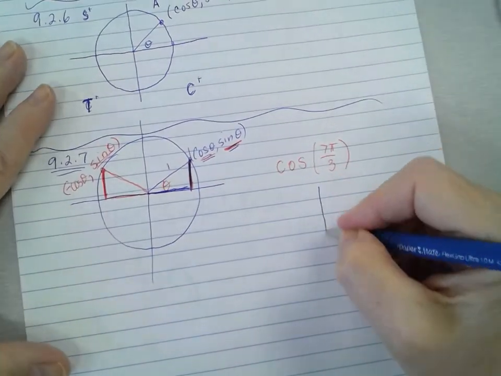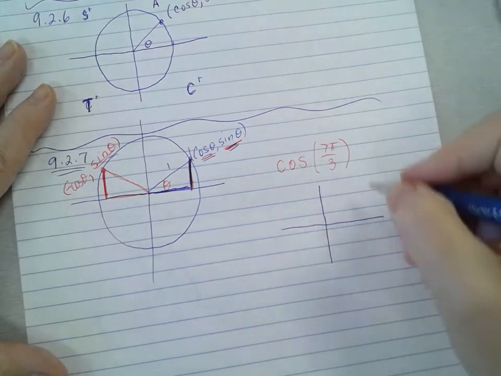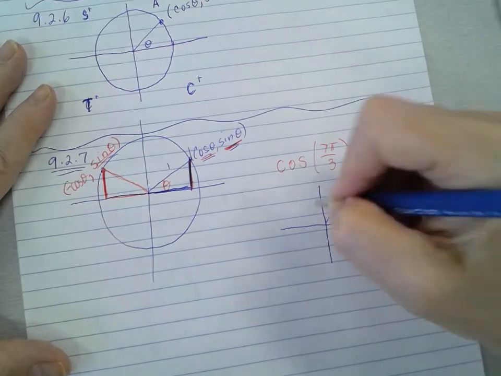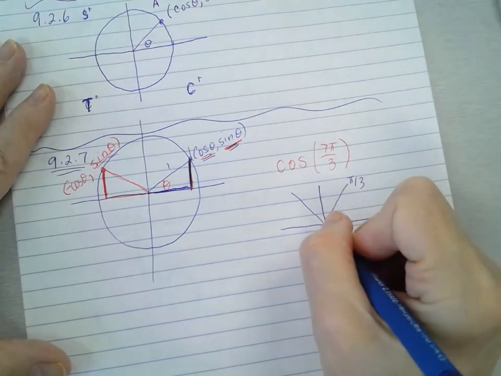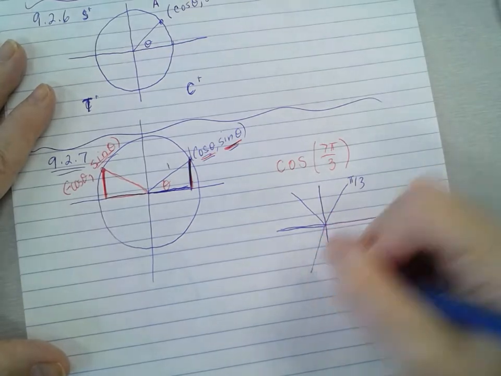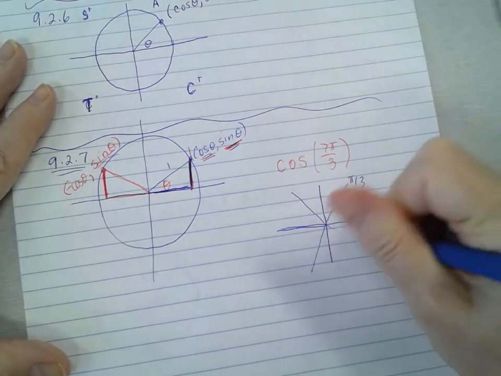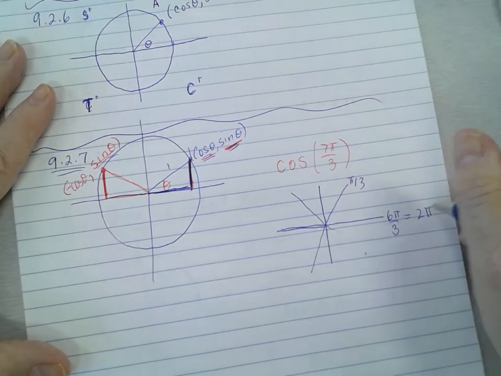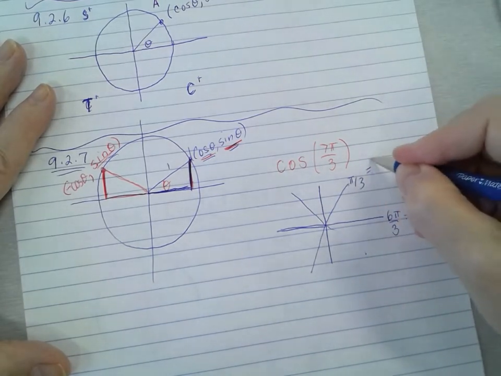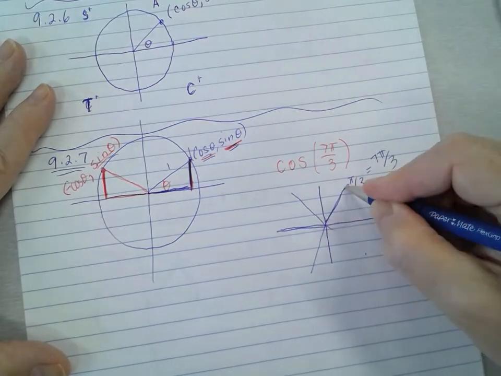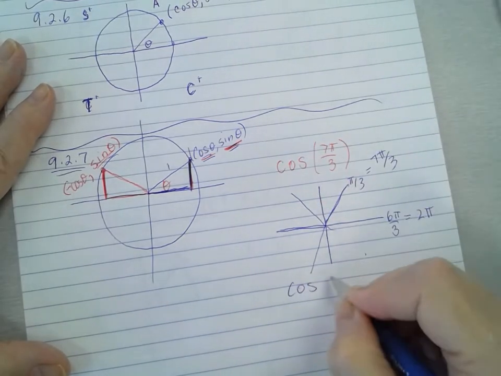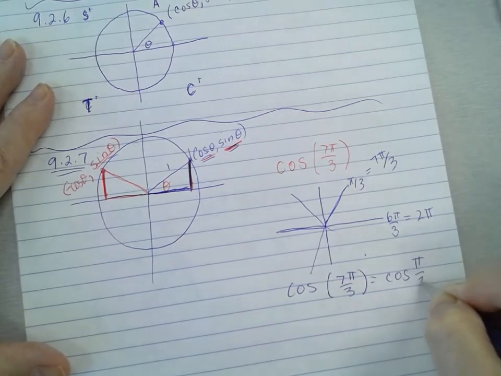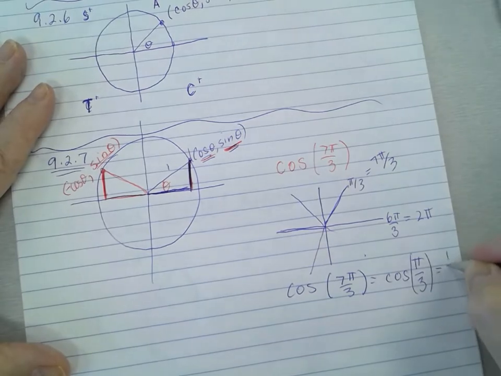What we did in class was say, if pi on 3 is right here, then 2 pi on 3 is there, 3 pi on 3 is there, 4 pi on 3 is there, 5 pi on 3 is there, and this is 6 pi on 3, which is equal to 2 pi. So 7 pi on 3 is right here. If it ends up in that spot, then the cosine of 7 pi on 3 is the same as the cosine of pi on 3. And I hope you know that that's a half.